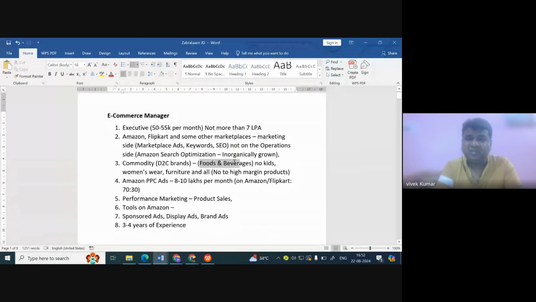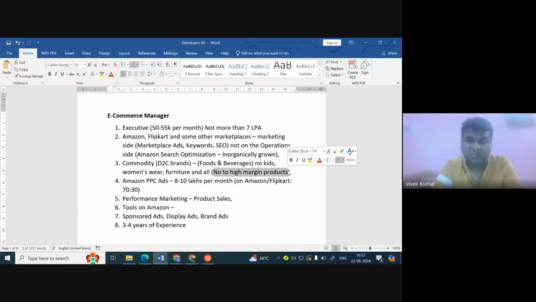Then there were food and beverages. Also, no kids, so they don't want the kids category. They want someone who has handled women's furniture and all. And then also low to high margin products. So they want someone who has experience working with low margin products.